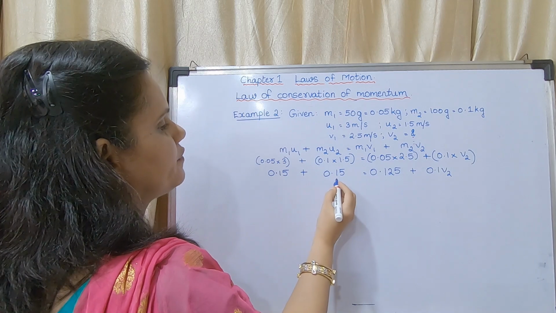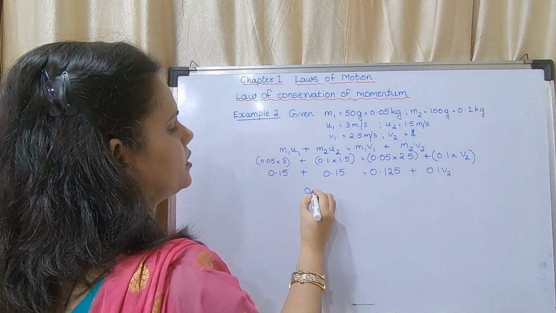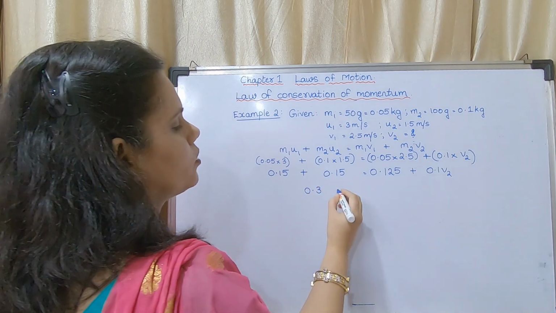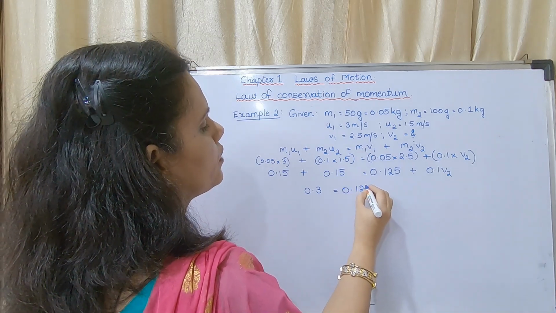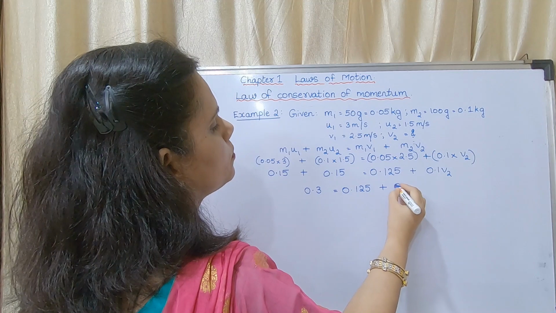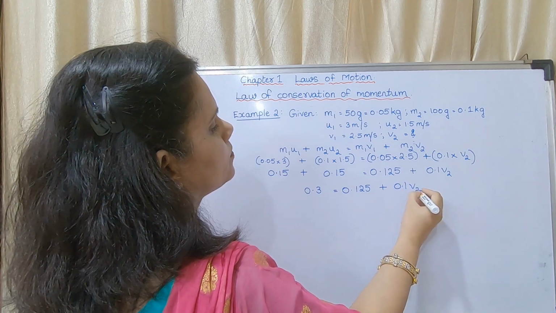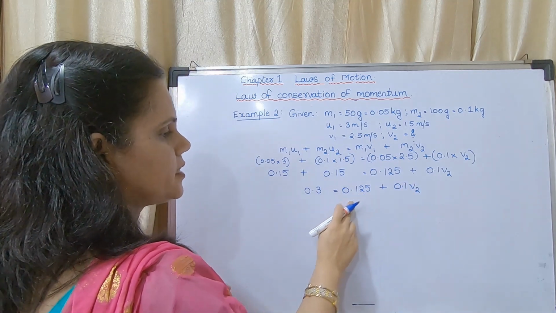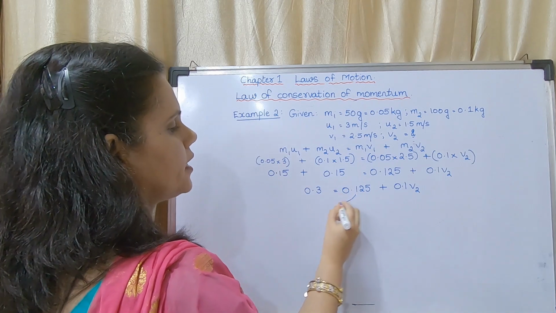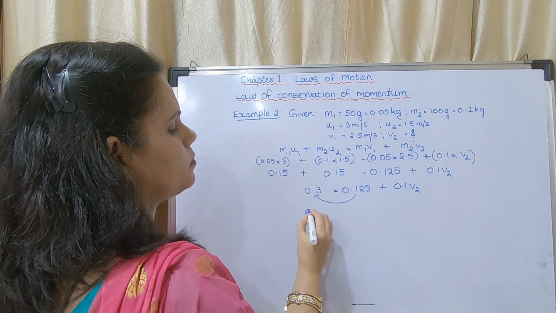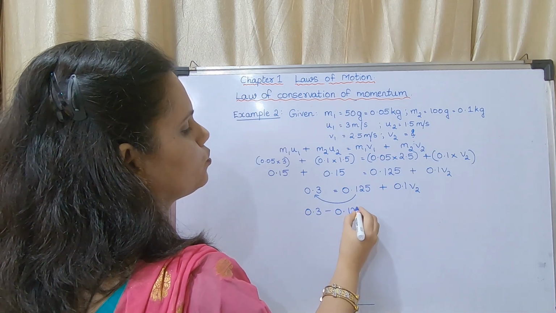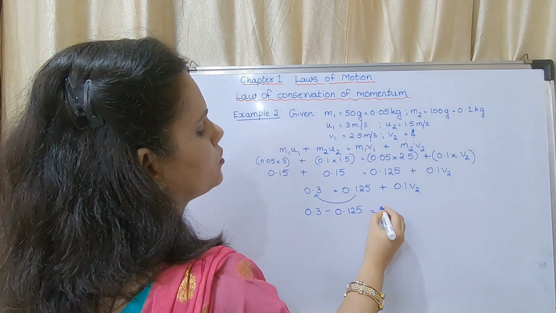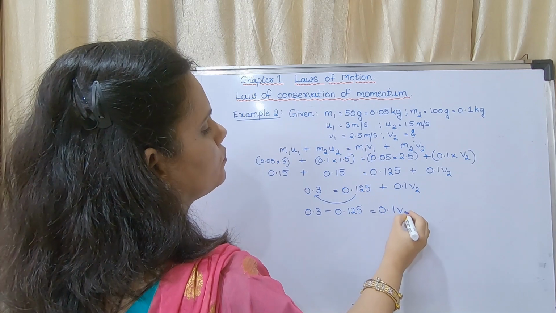Now 0.15 plus 0.15 is 0.3, which is equal to 0.125 plus 0.1 v2. Now taking this to this side, it becomes 0.3 minus 0.125 is equal to 0.1 v2.